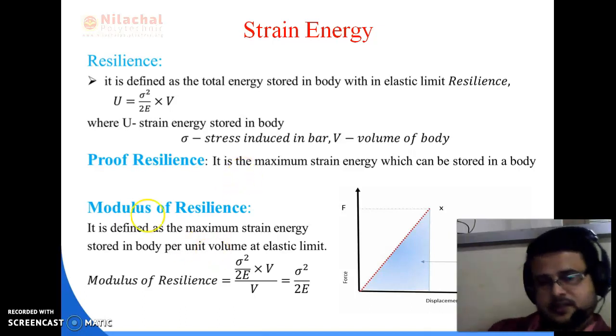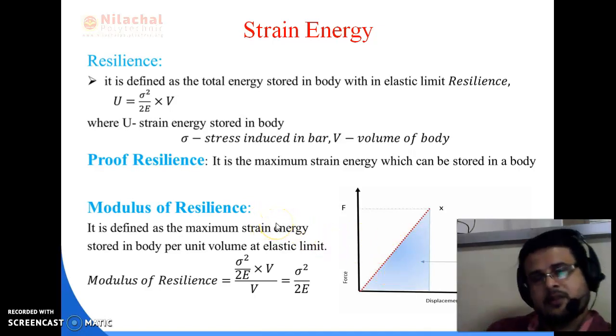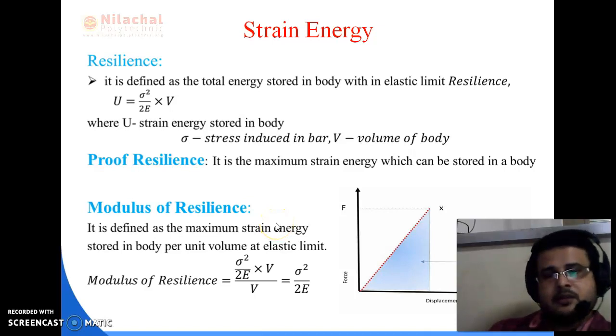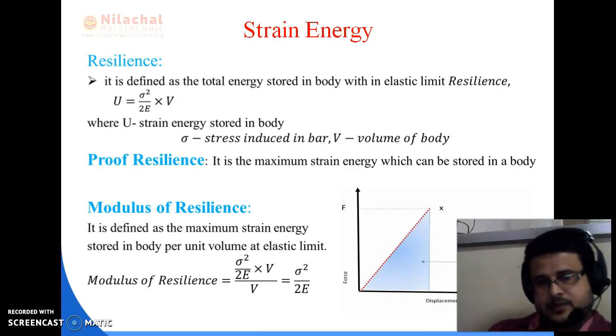Modulus of resilience. From the figure it is clear that during the calculation of modulus of resilience, we have to calculate the maximum energy stored in the body per unit volume of the body at elastic limit. So at the elastic limit point, the triangular area gives us the strain energy stored in the body.